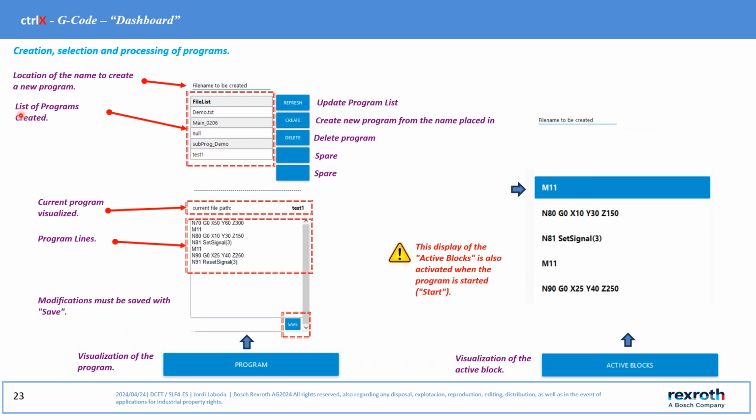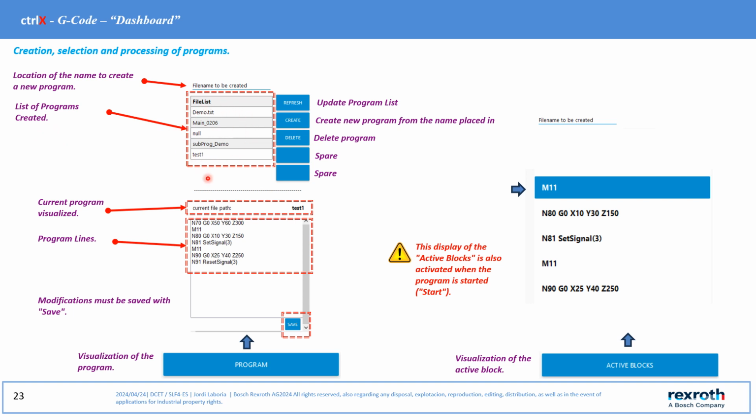In this part of the main screen, we have the machine programs created, their selection and their treatment. Location of the name for a new program. We can enter the name of a new machine program and validate it with the create option. This lists the programs you have created.